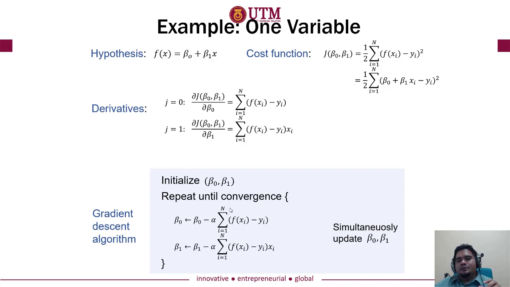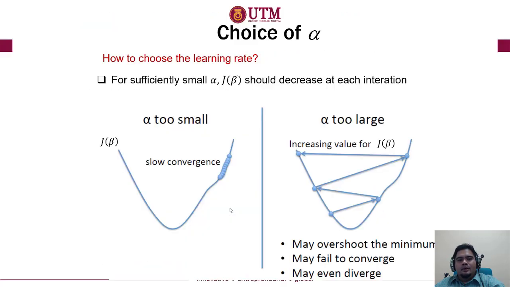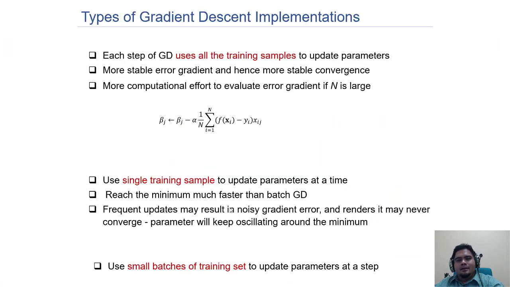So that is what we do before. The one that we keep updating based on one input coming in and you update your beta, actually there's a name for it. The name for that is what we call batch gradient descent, meaning that you are updating your beta each time.